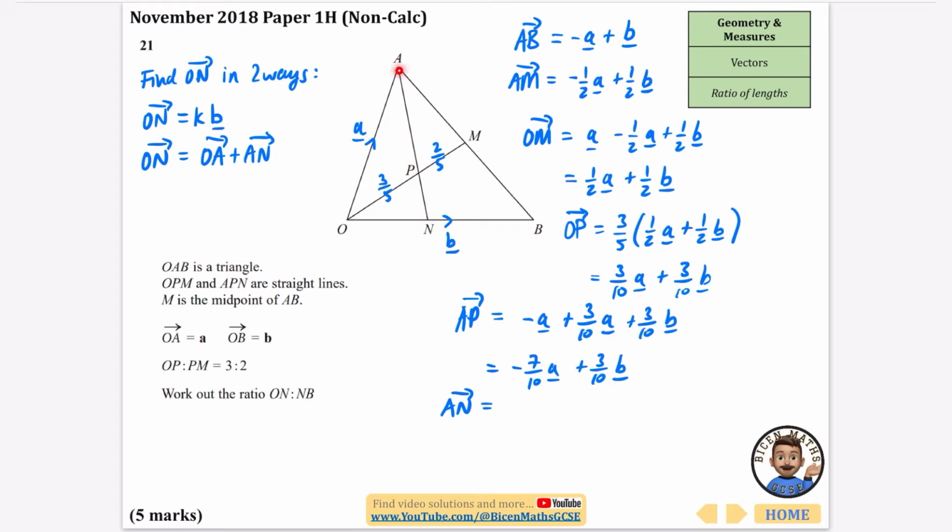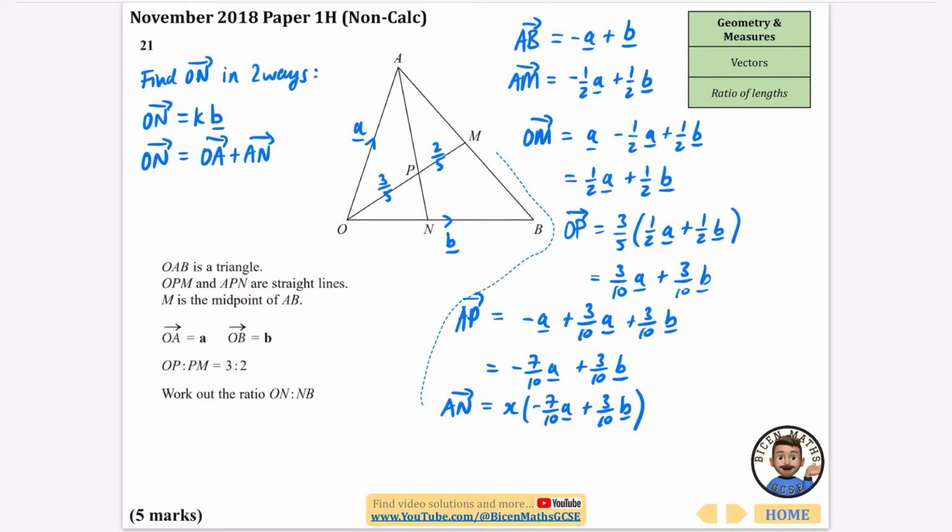Because APN is in a straight line, whatever AP is, I can multiply it by something to make it AN. So I'm going to multiply it by x. I'm going to say that it is x multiplied by minus 7/10 A plus 3/10 B.